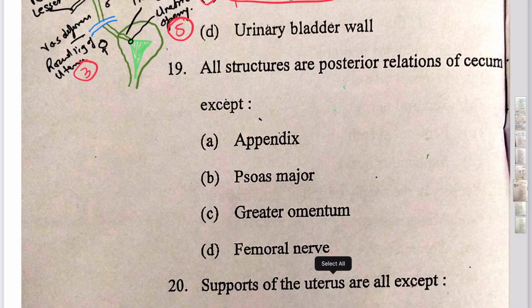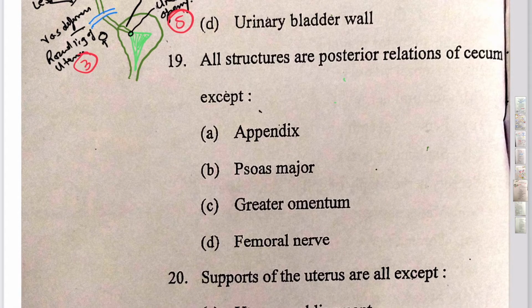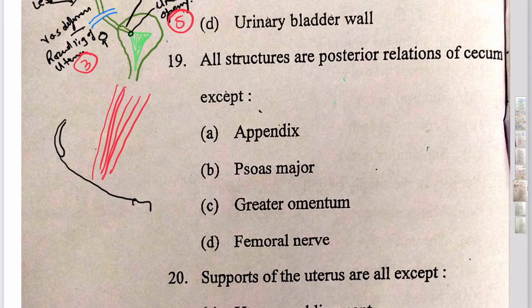Question number 19: all structures are posterior relations of the cecum except: appendix, psoas major, greater omentum, femoral nerve. For this you need to revise the posterior relations of the cecum. Remember, this is the iliac crest, here you have the pubic tubercle, and this was the inguinal ligament. So this muscle comes from the posterior abdominal wall, and it is a big, very powerful muscle, descending like this, arising from the transverse processes of the lumbar vertebrae anteriorly.